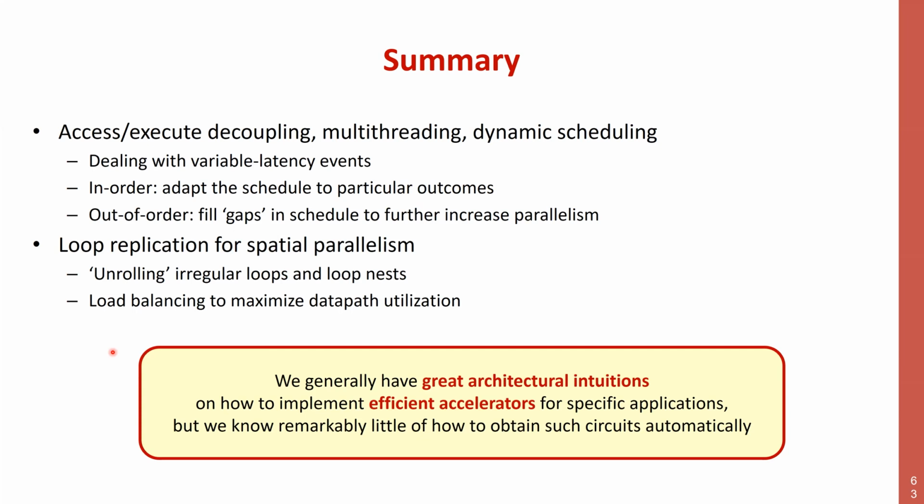FPGAs are in data centers, and so maybe, I'm not saying they are, but maybe they could become the next computational substrate, like CPUs and GPUs before them, to perform highly parallel computations efficiently. How do we program them? Great. We have ideas on how to do it, but we don't know how to do it automatically. This is a great research opportunity for the future.